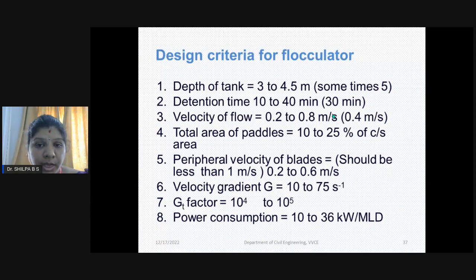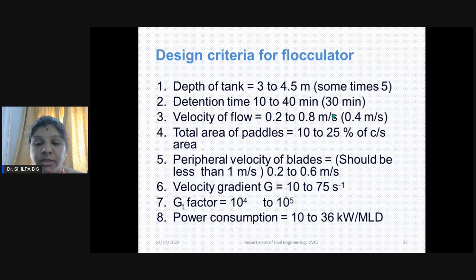The depth of the tank is 3 to 4.5 meters, detention time 10 to 40 minutes, velocity of flow is 0.2 to 0.8 meter per second, area of the paddles is about 10 to 25% of the cross-sectional area of the tank, and peripheral velocity is 0.2 to 0.6 meter per second.